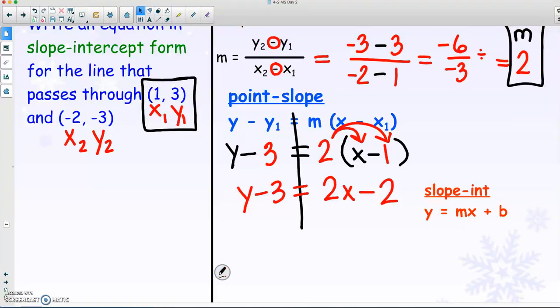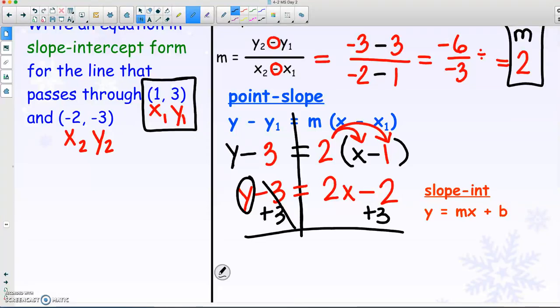And then I'm trying to get the y by itself, so I add 3 on both sides. And my final answer is y equals 2x plus 1. So we took 2 points that were on the line, found the slope, wrote it in point slope, and then solved it.